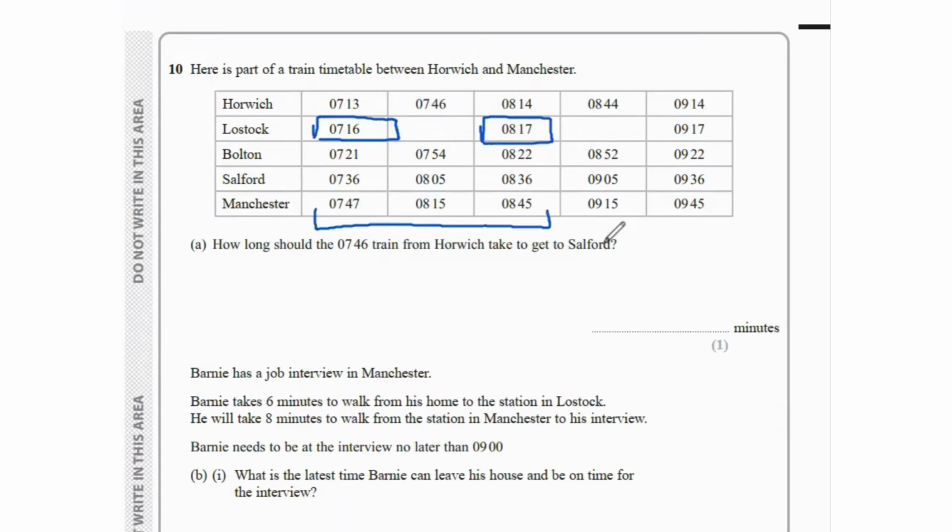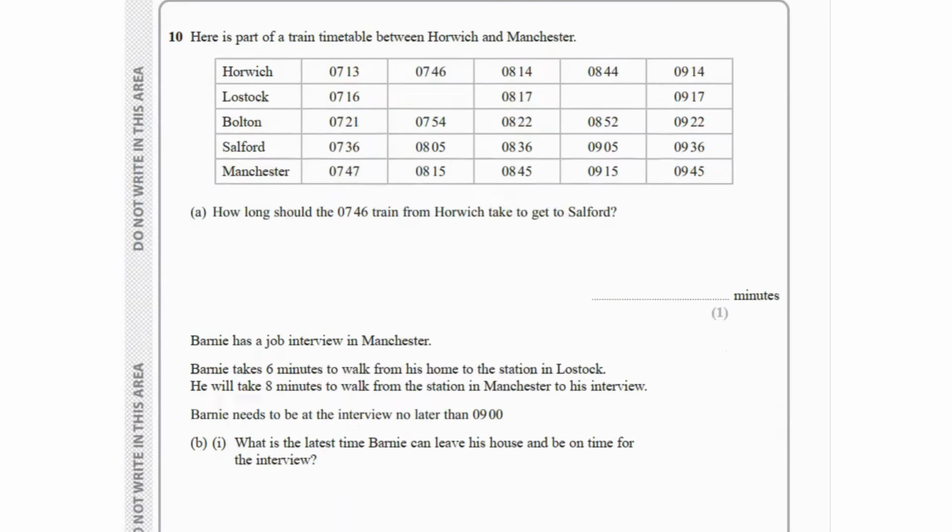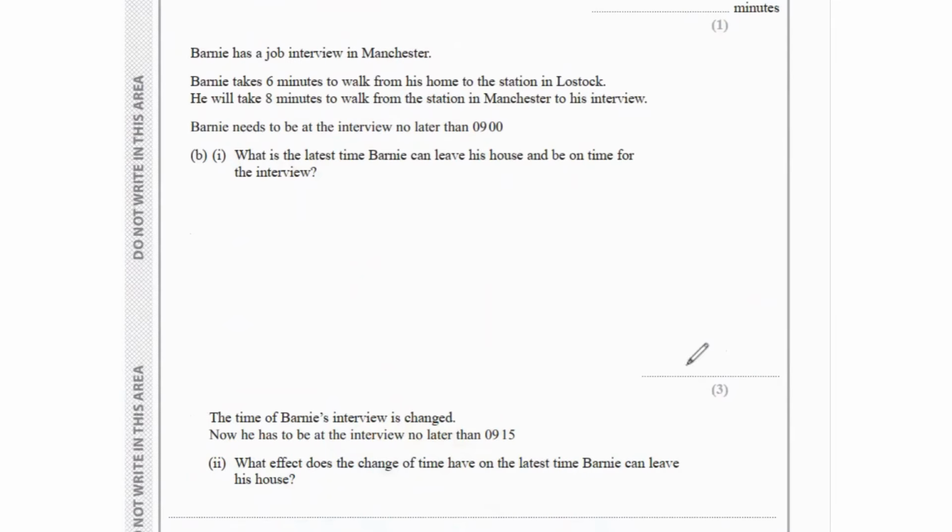So he will be able to reach the interview before 9. So before that, he needs 6 minutes to walk from his home to the station. So subtract 6 from that, he needs to leave the house at 8:11. So we do 8:17 minus 6. That's 8:11. That's how we get the answer.